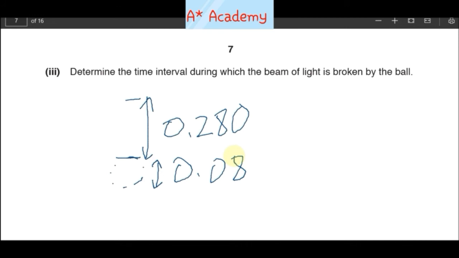That's the time interval during which the beam of light is broken.